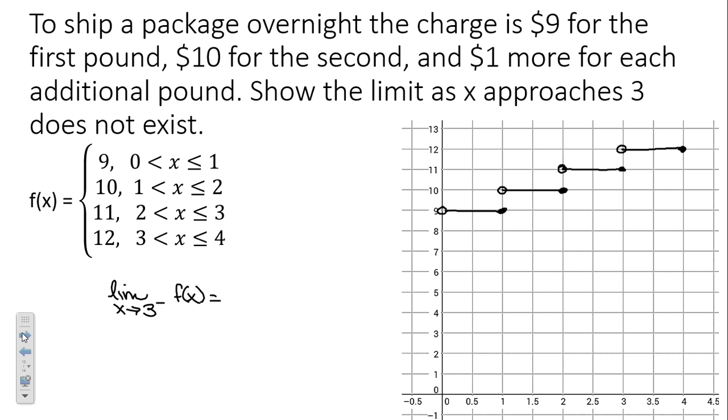Make sense? But the limit as x goes to 3 from the right of f of x is 12. Are they the same? No, so the limit does not exist.